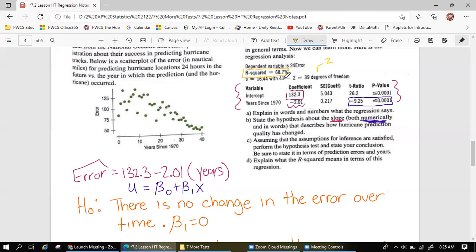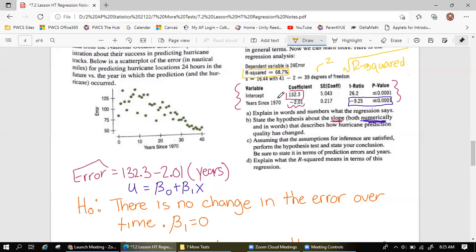So we could find the correlation coefficient if we wanted to by square rooting the R squared value. We're not going to, but we could. And it would definitely be negative. Our correlation coefficient would be negative since we have a negative slope. But our R squared value is always going to be positive. It's always going to be a percentage.